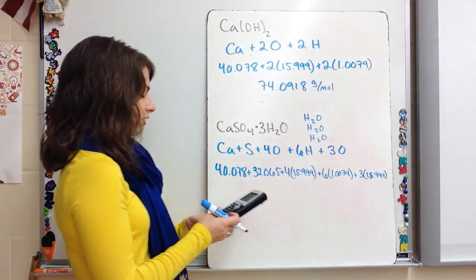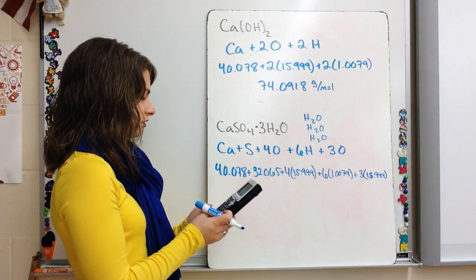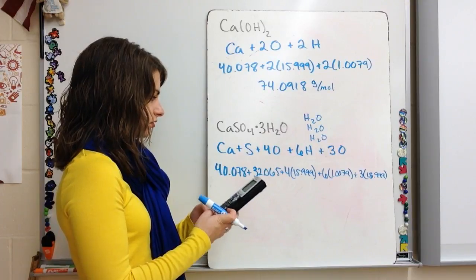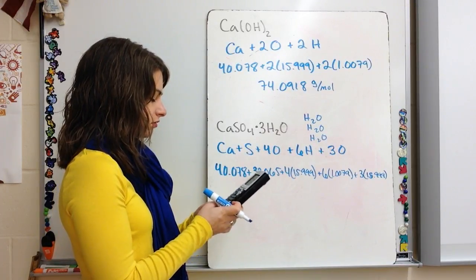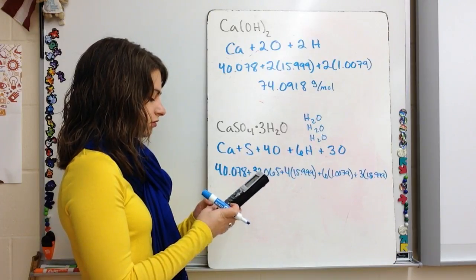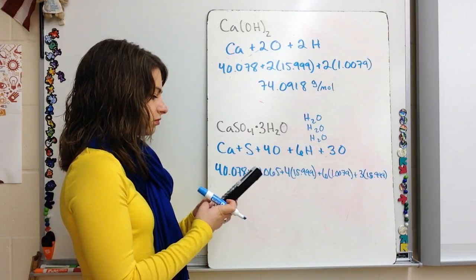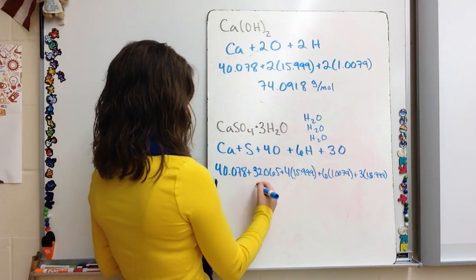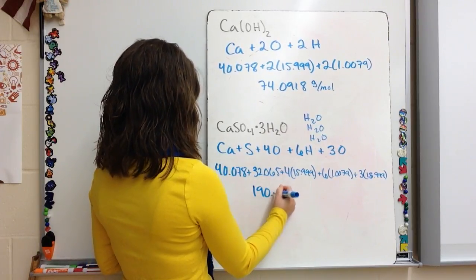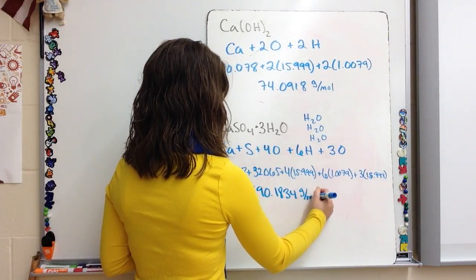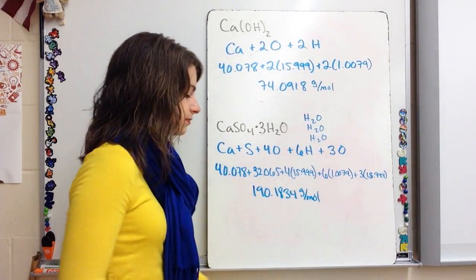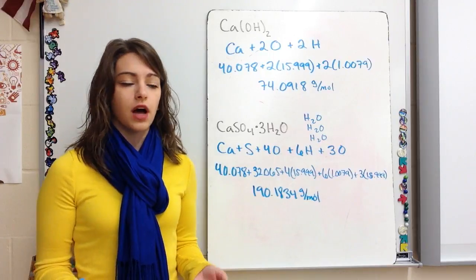Okay, now we're going to put all of that into our calculator. And we get a molar mass of 190.1834 grams per mole.